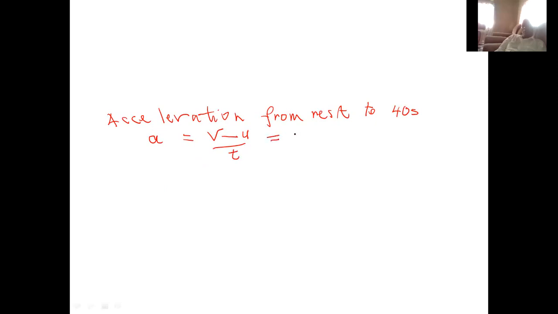We are aware our final velocity is 200 meters per second minus 0 meters per second, since it was starting from rest, divided by 40 seconds, which gives us 200 divided by 40, which gives us 5 meters per square second.